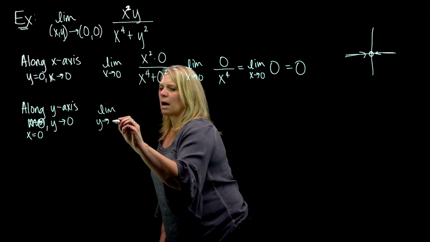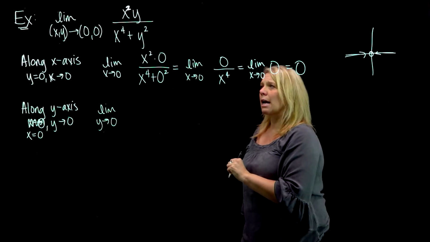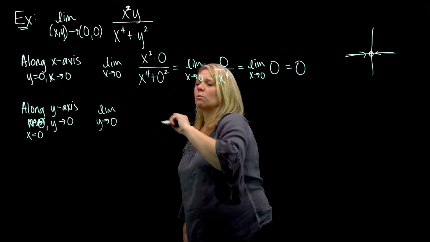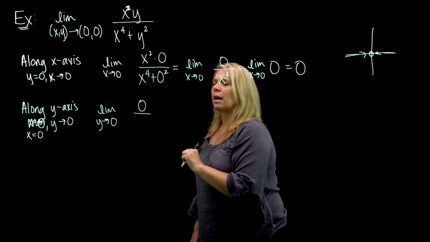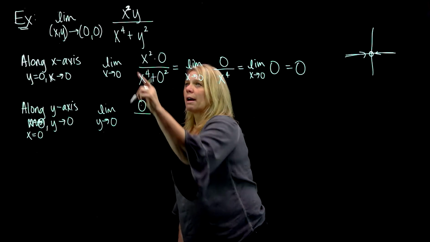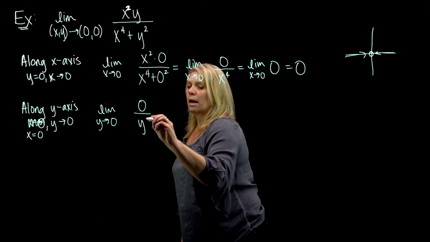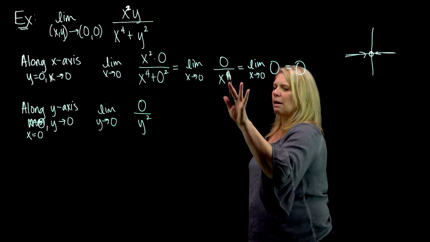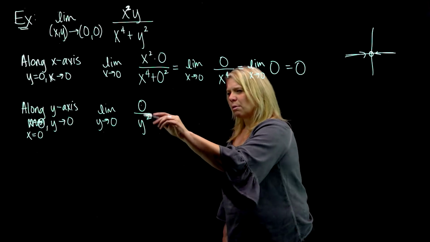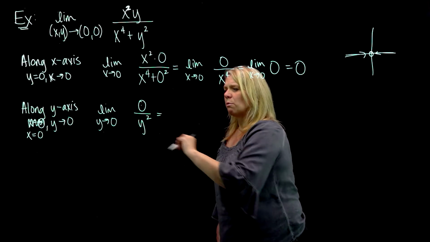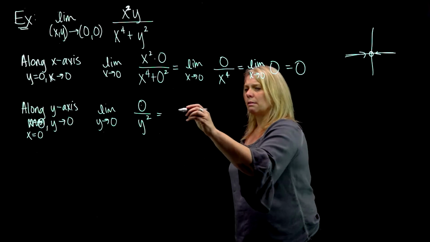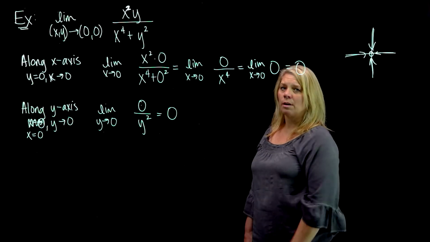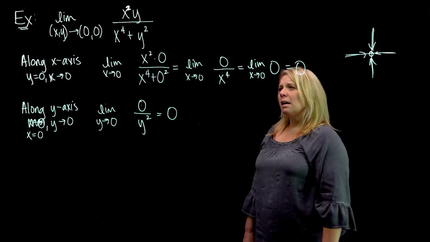When I let y approach 0 and x actually equals 0, I'll get 0 squared times y, which will just be 0 on the numerator. And on the denominator, I'll have 0 to the 4th plus y squared. I skipped a couple steps this time. Instead of substituting in, I went right to that next step. But this simplifies to 0, and so the limit as y approaches 0 of 0 is 0. So I got the same limit along another path of approach.